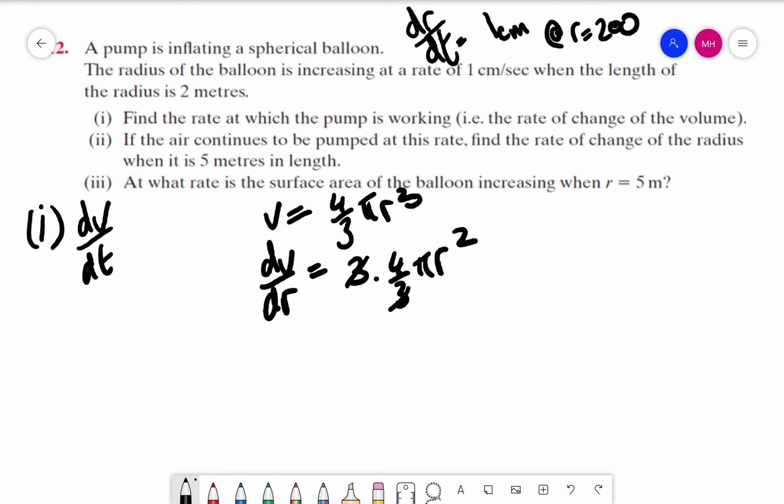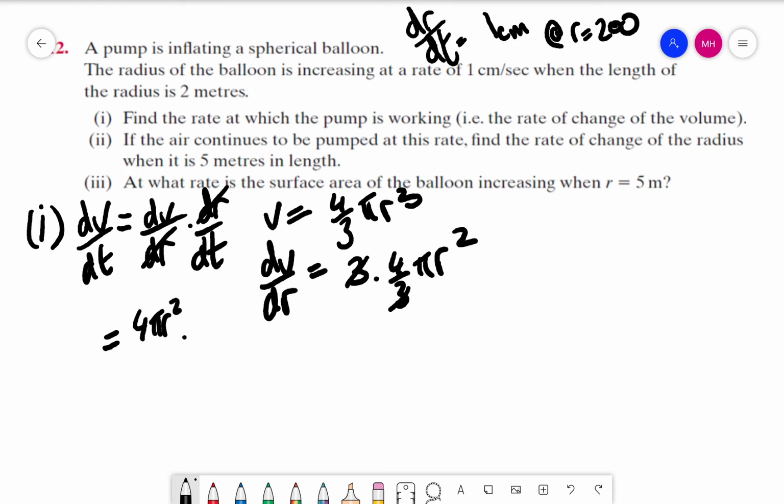So dV/dt is going to be equal to dV/dr multiplied by dr/dt. The dr is cancelled, you end up with dV/dt. So you now know that dV/dr is 4 pi r squared.